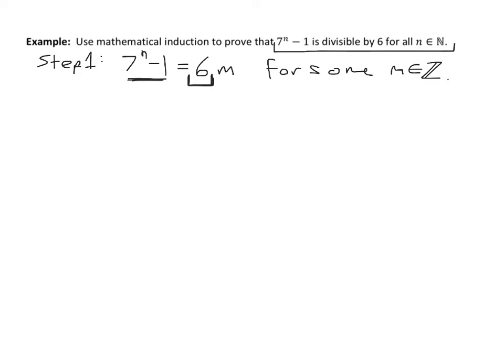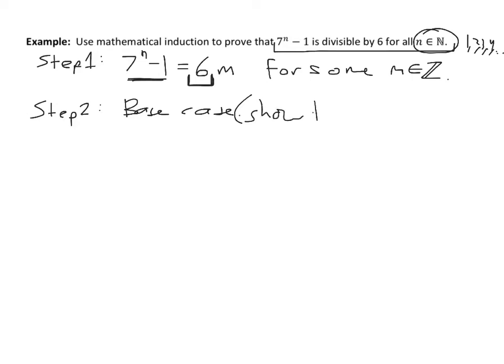Now that we've done step 1, we've written it mathematically, we go on to step 2. Step 2 is where we do the work for our base case. The natural numbers are basically 1, 2, 3, 4. They're basically the positive integers. So my base case here is going to be for n being 1. I need to show this is true for n equals 1.